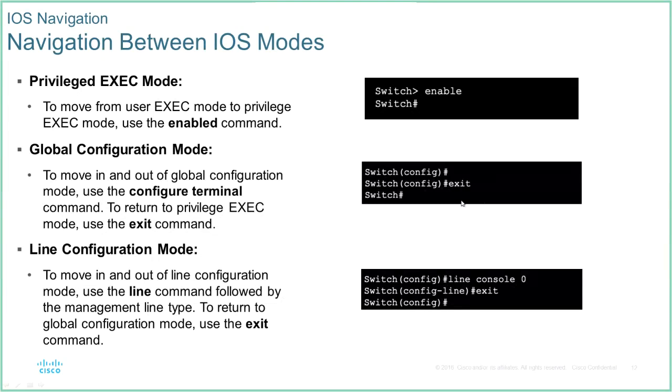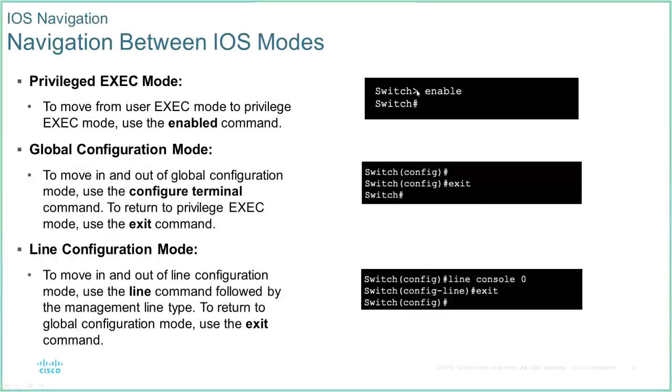And to step back a level, we type in exit, which will take us back one level of configuration, if you like. So if we were on just the hash prompt and we typed exit, it would take us back to user.